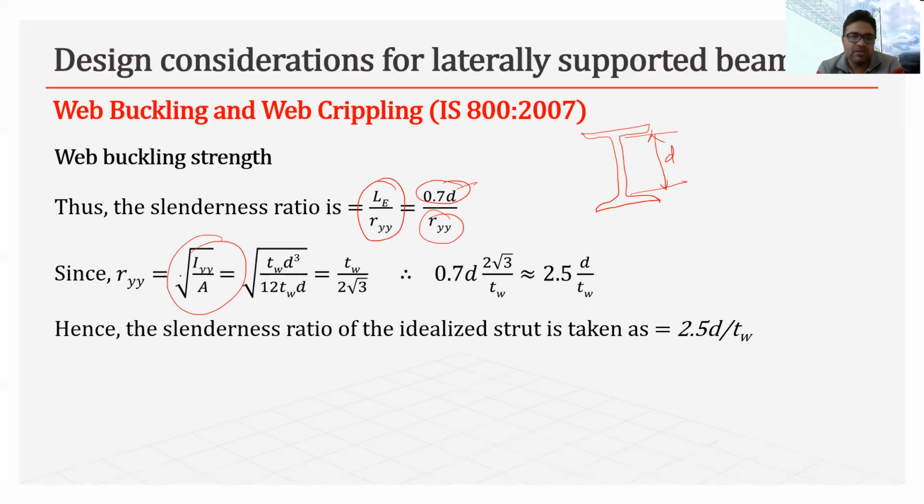So Ryy, we know, is the radius of gyration about the y-axis, and radius of gyration can be calculated by using this formula. We have used this formula earlier also when we were discussing the compression member. So Iyy upon A. Now Iyy, just imagine this web only. I'm separating it here, and thickness is TW, and this is the depth, which is D. So the y-axis will pass along this one.